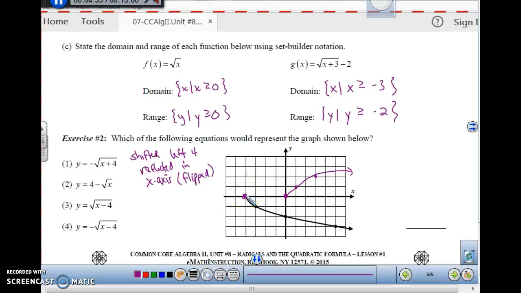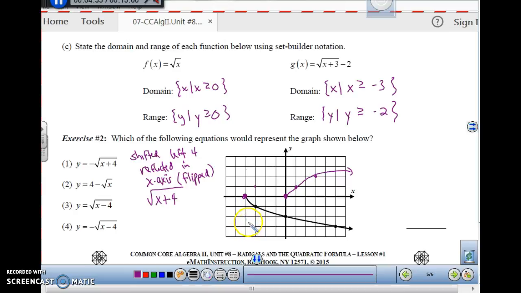All right, so let's think about this. If I'm going to shift to the left, remember up here we shifted to the left? Under the square root, it would have to be x plus 4. All right, so that would shift it 1, 2, 3, 4 this way, and it would go up like this, and so on and so forth. How do we get it to flip down?